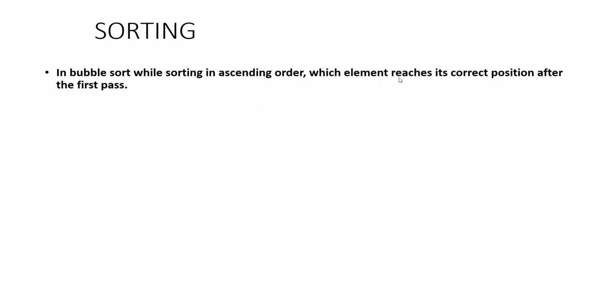Which element? You should just imagine a few numbers. Generally, which element will reach its correct position after the first pass? Here, the largest element reaches its correct position after the first pass is the correct answer.